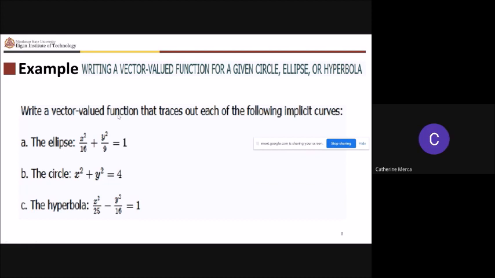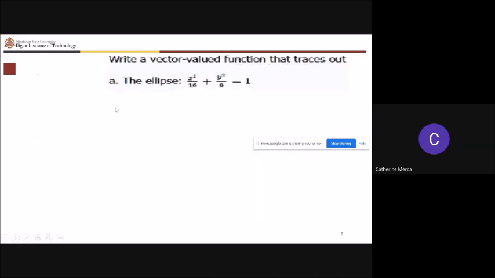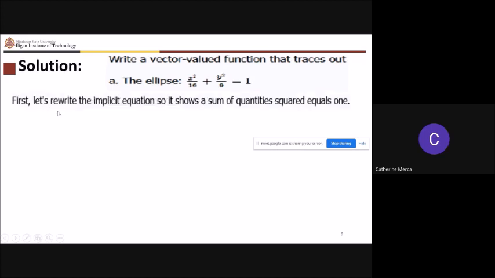Let us try to work on the first equation. This is the ellipse. You're asked to write a vector valued function that traces out our ellipse. For the solution, we come up with the following. You have to rewrite the implicit equation so that it shows a sum of quantities squared equals 1.